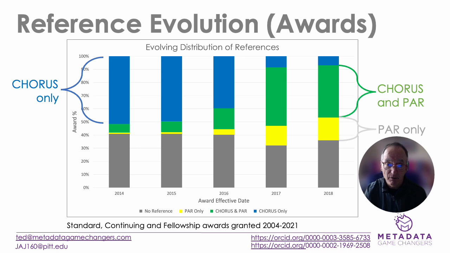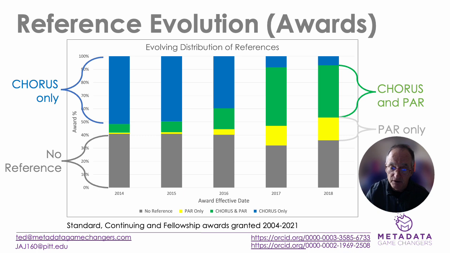They make it into PAR through that data journey, but they don't make it into the global research infrastructure for some reason. That's one of the unknown unknowns. And also there are over 30% still remaining in awards effective in 2018. There's still over 30% of them that aren't referenced. And we don't really know what those are.